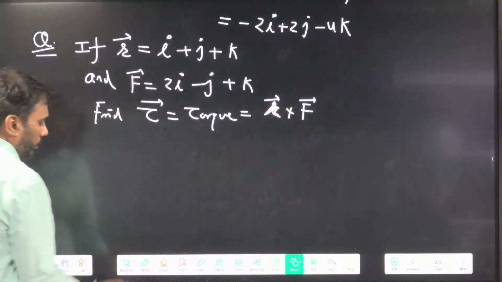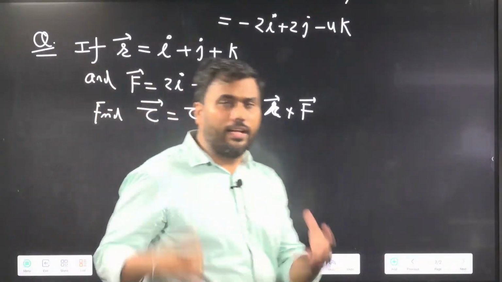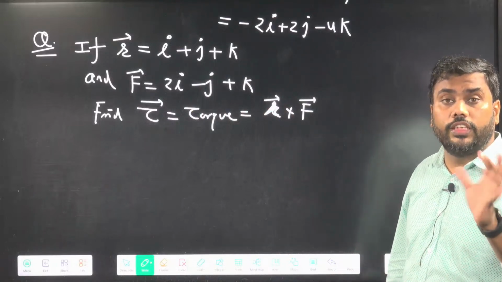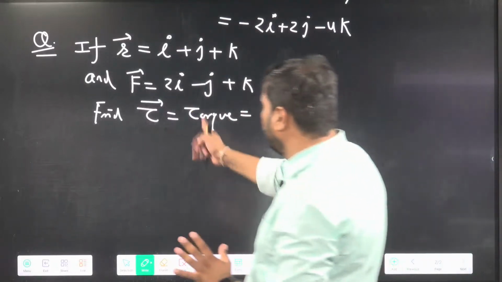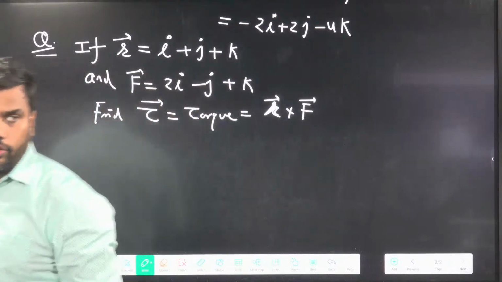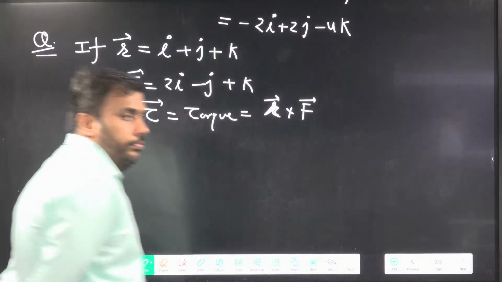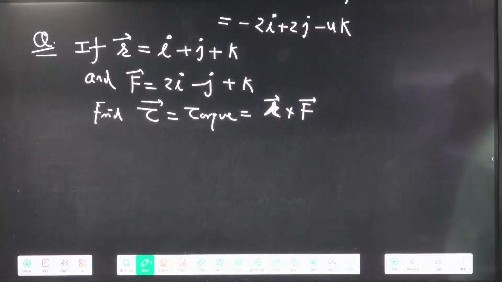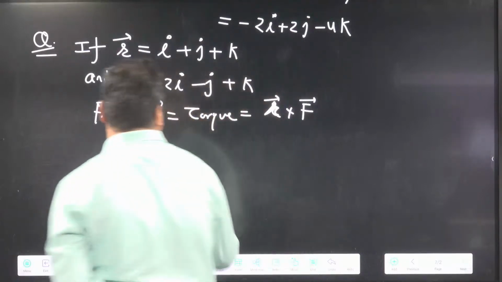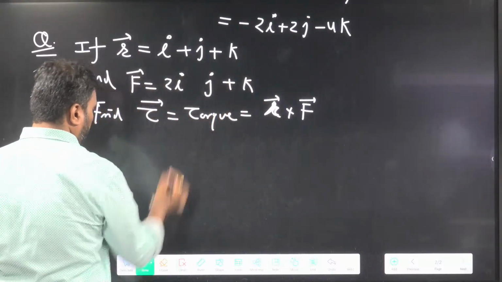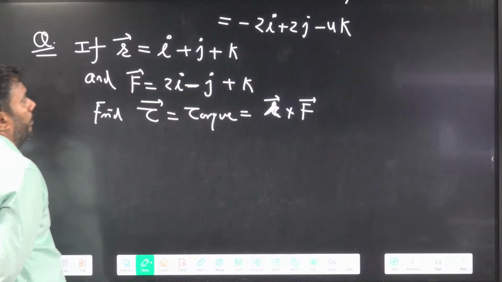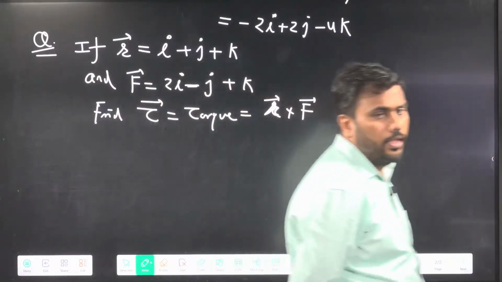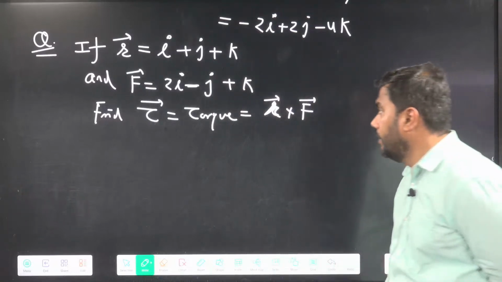Find r cross f. So this is like an application of cross product. Why cross product? We are learning cross product to find torque in this kind of expression which requires cross product. In this question I am asking you cross product. Find cross product. i plus j plus k is r vector and f vector is 2i minus j plus k.